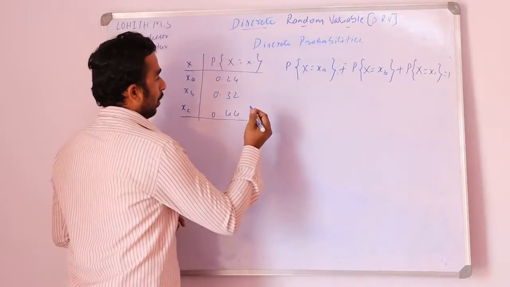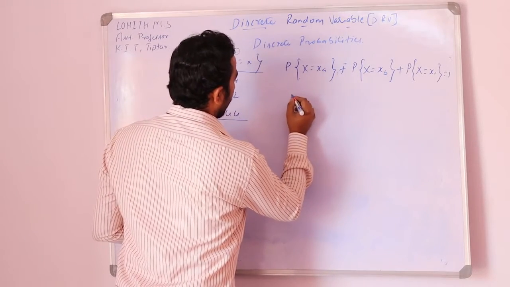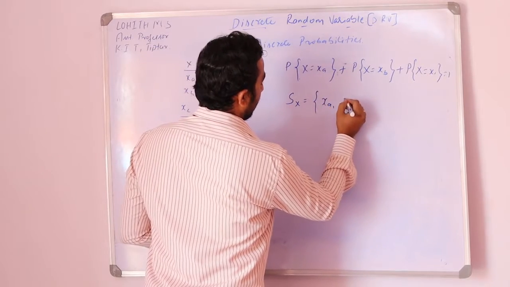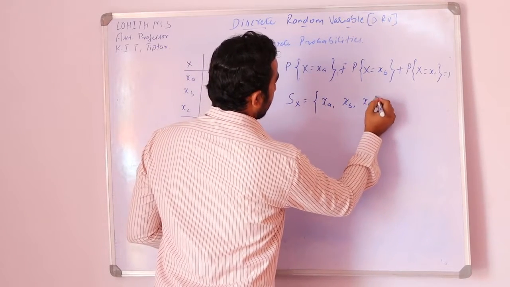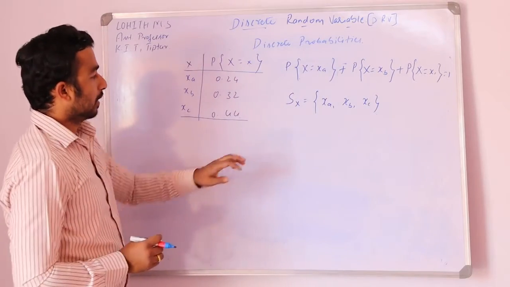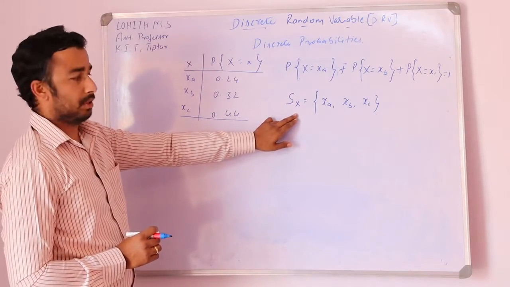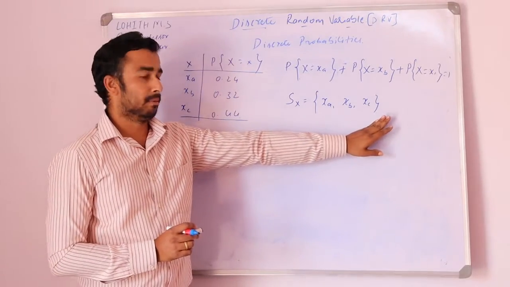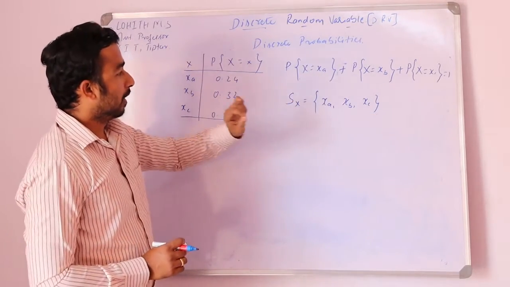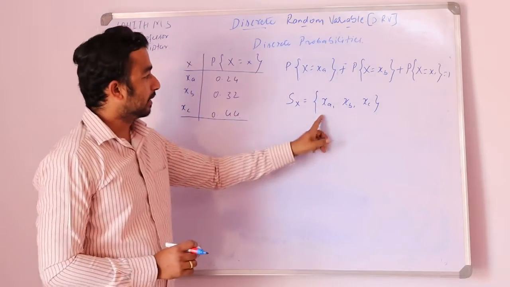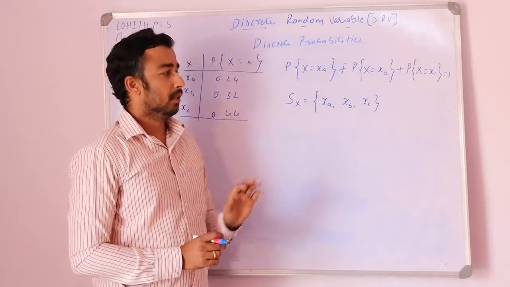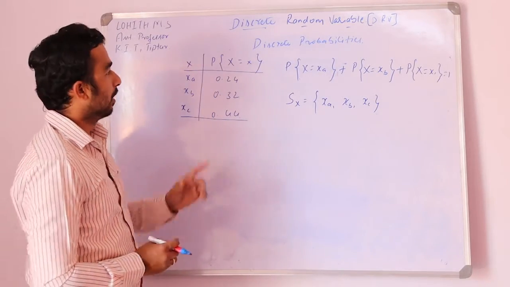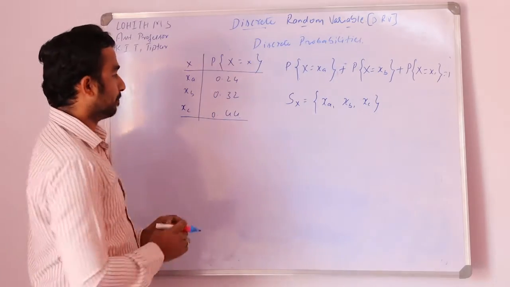So Sx is equal to xa, xb, xc. This is the sample space of the observations. This contains the list of observations of the random variable. And here we have values at xa, xb and xc only.